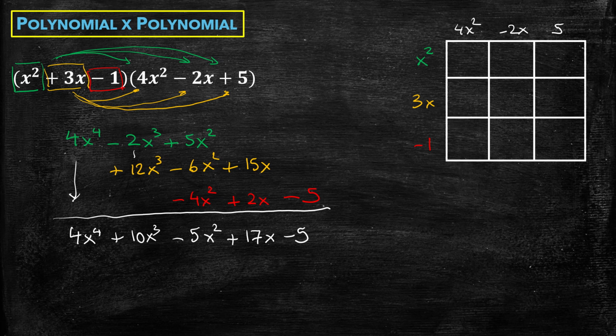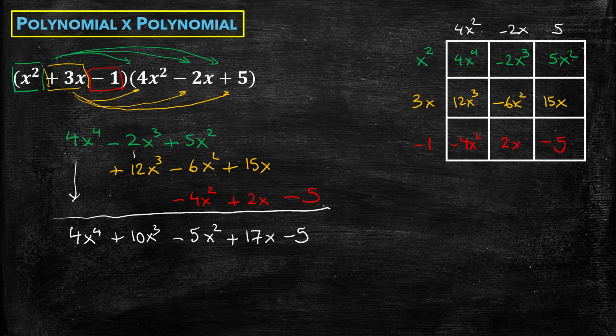So x squared times 4x squared is 4x to the 4th, minus 2x cubed, 5x squared. So 3x times 4x squared, 12x cubed, minus 6x squared, 15x, and finally negative 4x squared plus 2x minus 5.